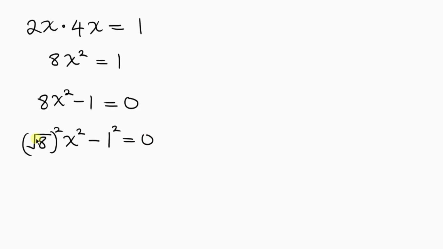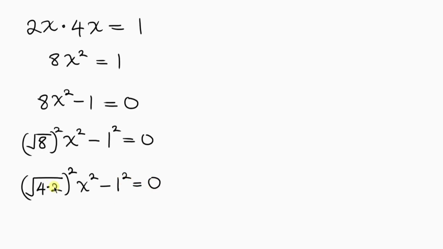So now let's simplify the square root of 8. The square root of 8 is the same as the square root of 4 times 2. Very good. And this is raised to the power 2. So raised to the power 2 times x squared. Very good. Minus 1 squared equal to 0.